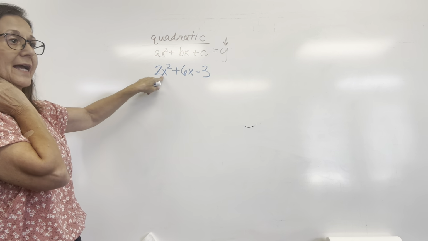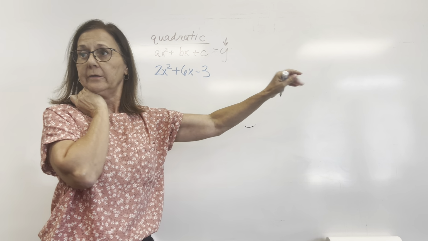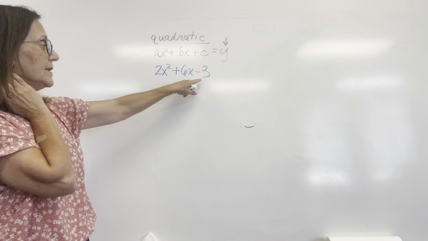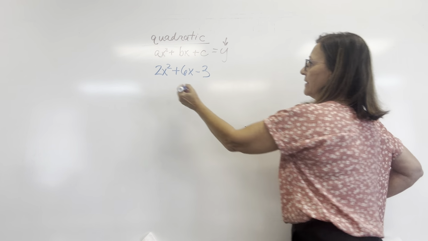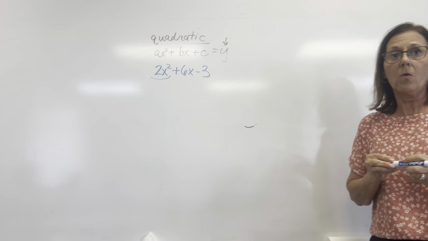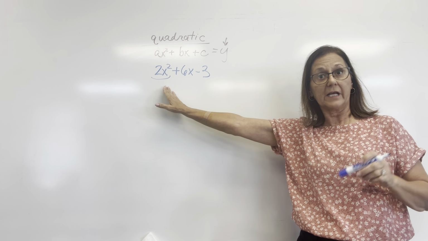That means your highest exponent goes first, and you go down from there. All right? When I have it in descending exponential form, then this is my lead term. Got it? All quadratics are 2nd degree equations. All of them are 2nd degree equations.